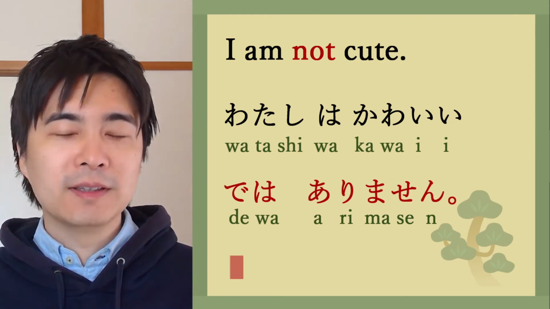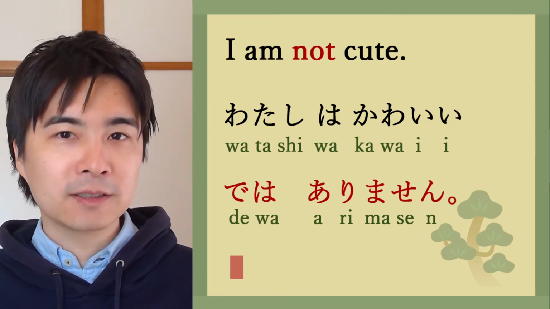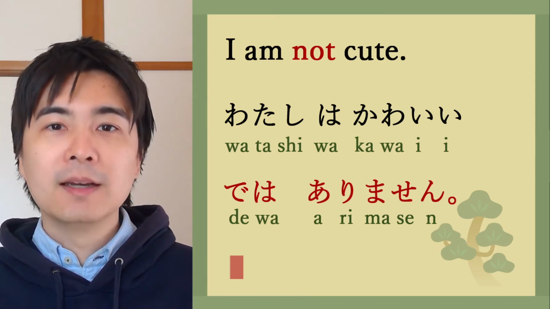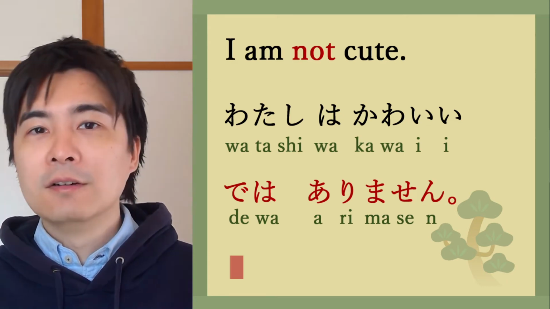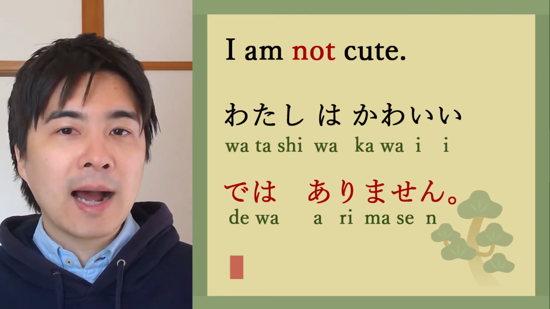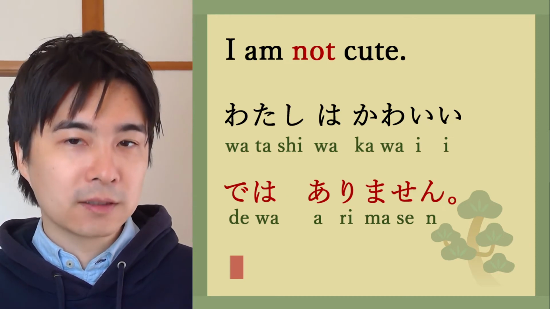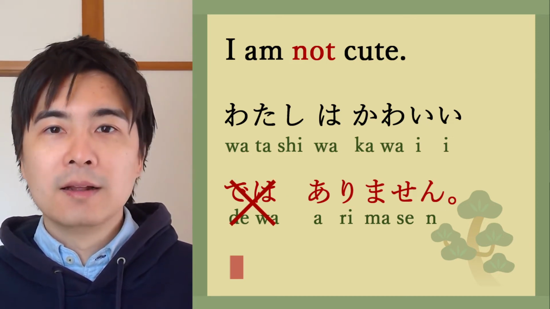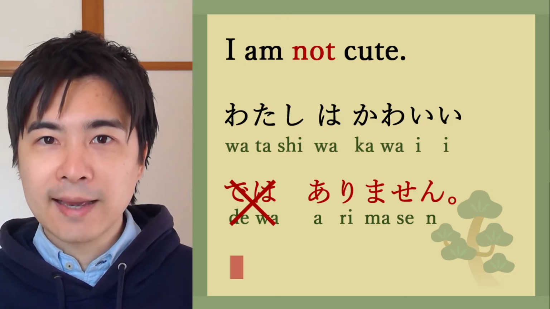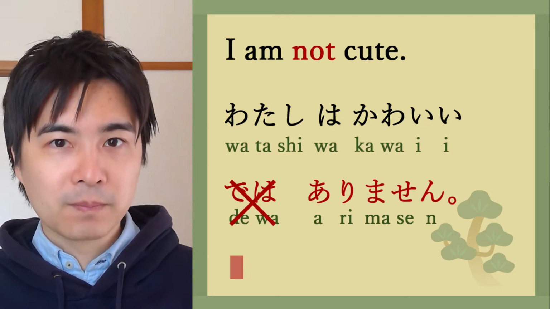We cannot put ではありません after an I-adjective. Just like the case of na-adjectives and nouns, we can also use ありません for I-adjectives. However, we don't need では. We just put ありません after I-adjectives.